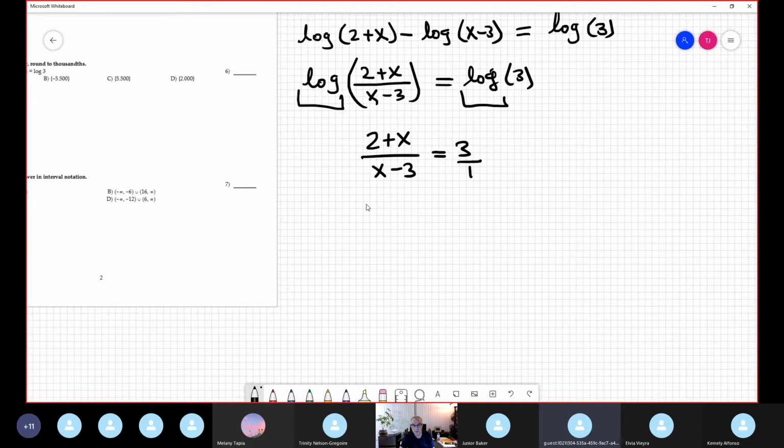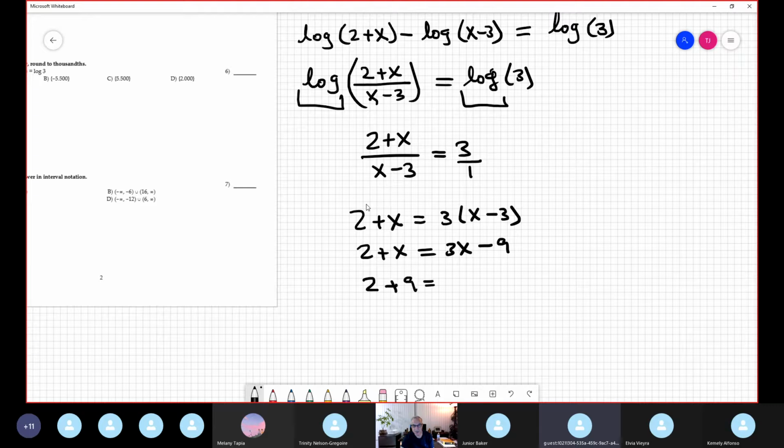You multiply 2 plus x times 1 and 3 times x minus 3. 2 plus x is equal to 3x minus 9. Well, 2 stays here plus 9 is equal to 3x minus x. This is 11 and this is 2x. Divided by 2, x is equal to 11 over 2.